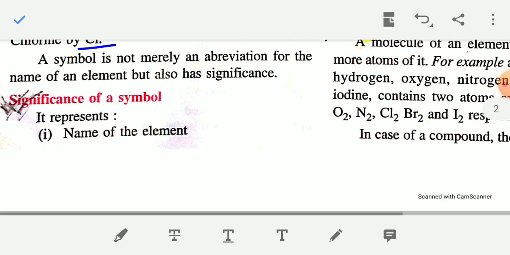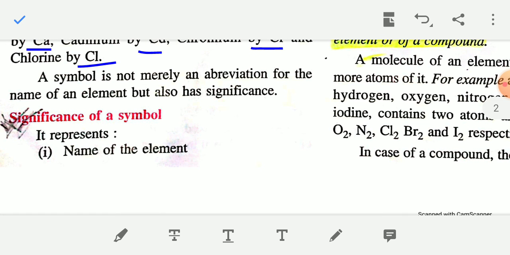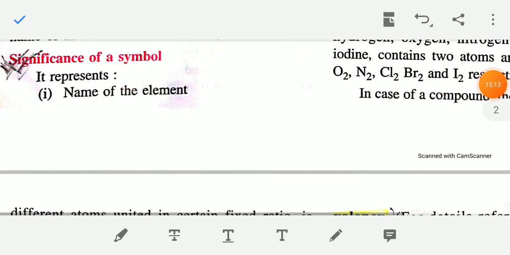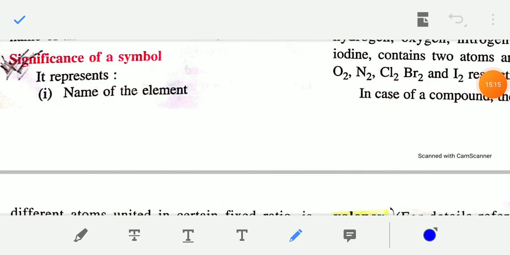Now see, a symbol is not merely an abbreviation for the name of an element, but it also has some significance. Now see what the significance of symbols is. First, a symbol represents the name of the element.